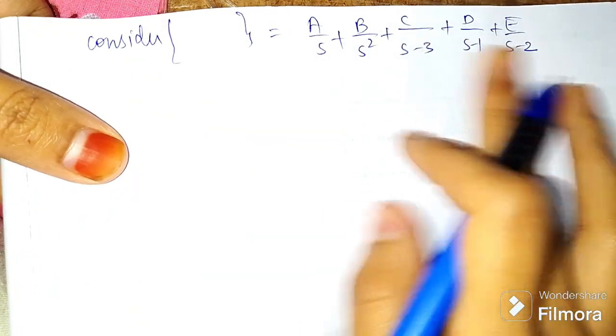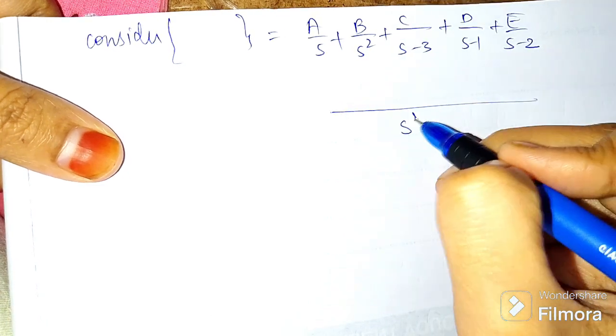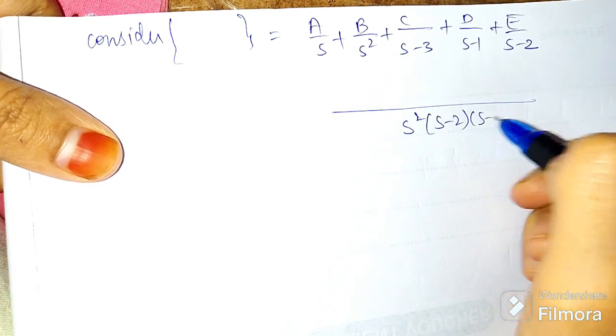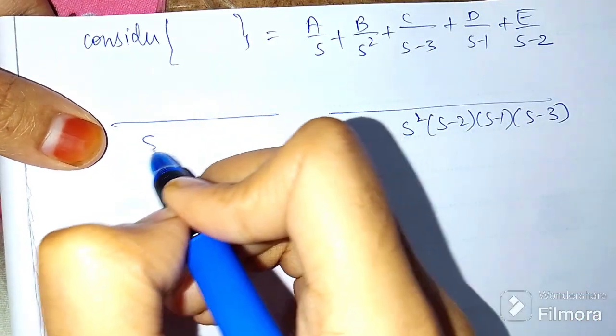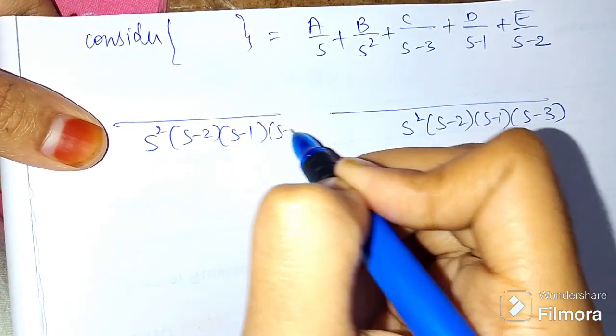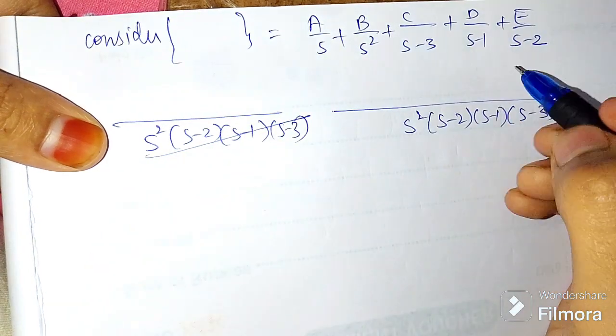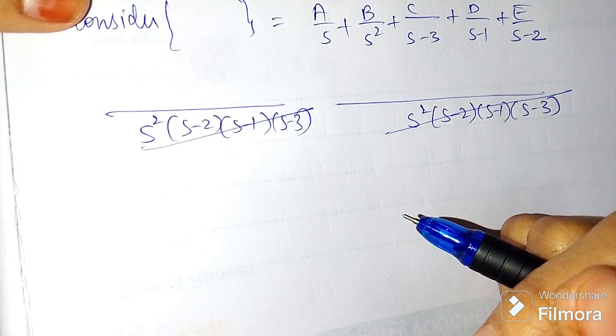Now LCM. What is the LCM? s square, s minus 2, s minus 1, s minus 3. This side also same. So this gets cancelled.